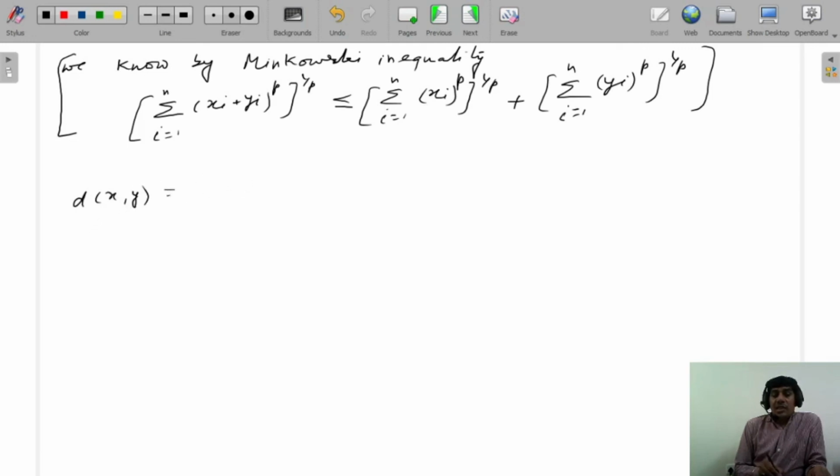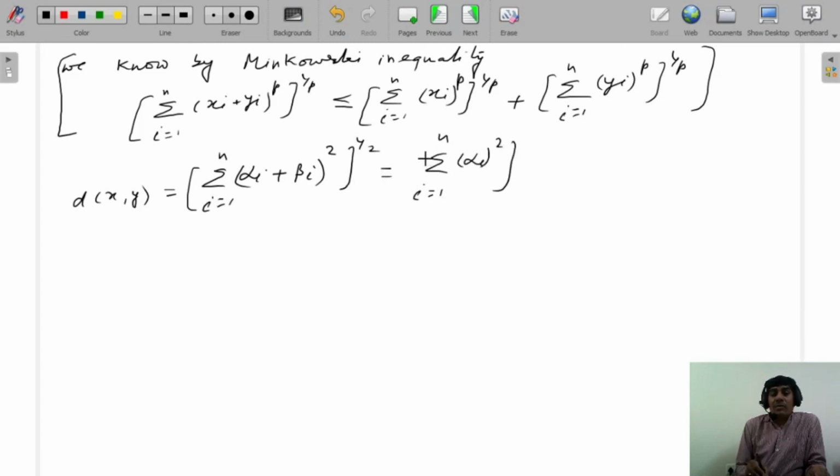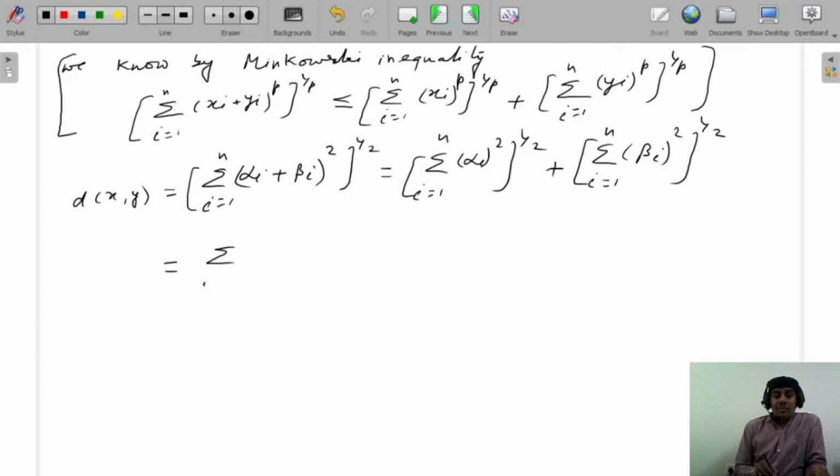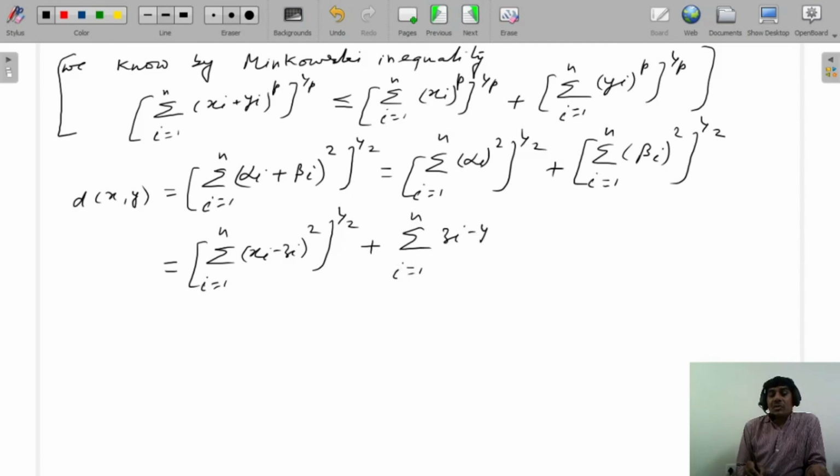dxy is equal to the summation, i varies from 1 to n, of (alpha i plus beta i) squared, raised to power 1 by 2, which is less than or equal to the summation of alpha i squared, raised to power 1 by 2, plus the summation of beta i squared, raised to power 1 by 2, which is equal to the summation of (xi minus zi) squared, raised to power 1 by 2, plus the summation of (zi minus yi) squared, raised to power 1 by 2.